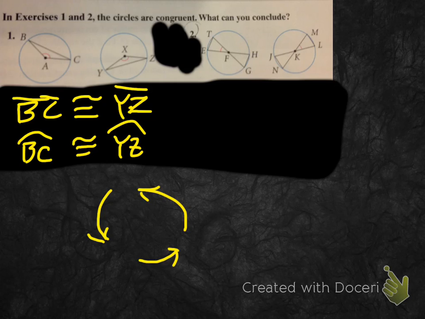So we know that, first of all, just from what they give us, you should be able to say that TE is congruent to ML. But because these are vertical angles, we can also say that these chords here are the same as the other chords we just signified, because they have congruent central angles, right?